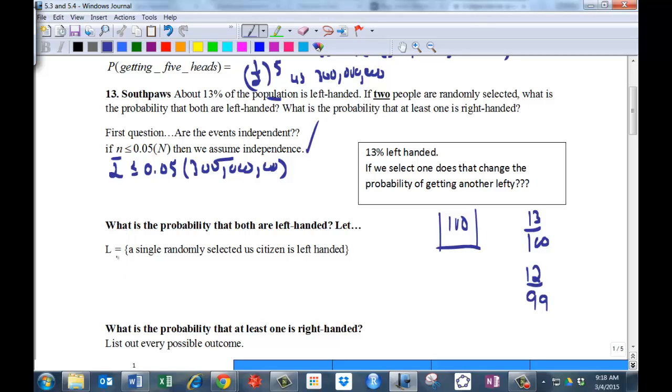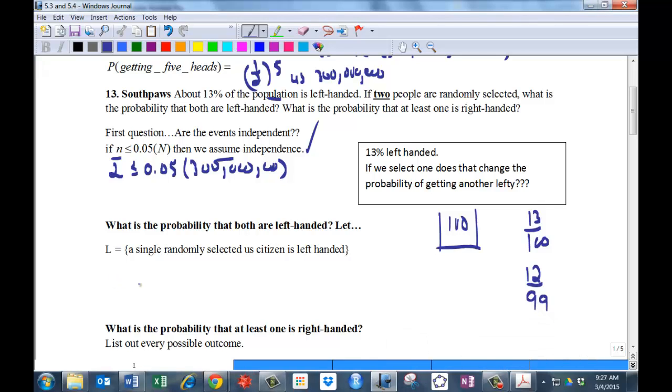Probability that both are left-handed. Okay, so we got independence. So let's take the probability that the first one is left-handed and the second one is left-handed. Remember, we're trying to get independence, so we've got that. So now we just multiply them together.